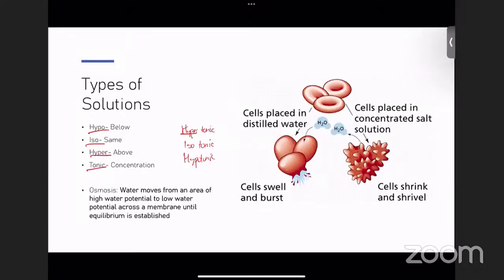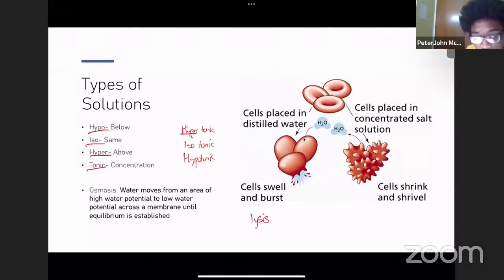Swell and burst. Swell and burst. Anybody know the fancy word for that? Okay, so lysis. It's called lysis. Lysis just means to split.